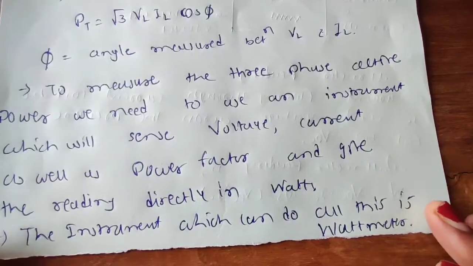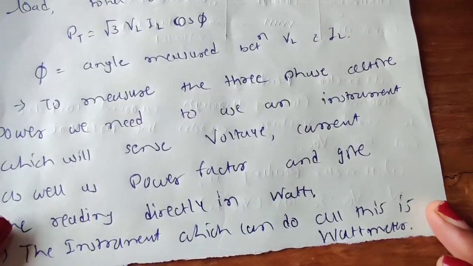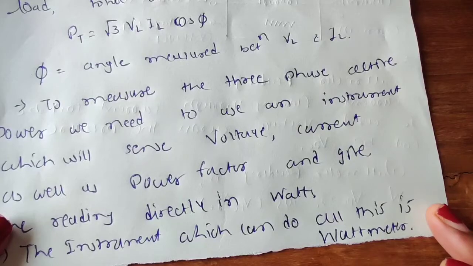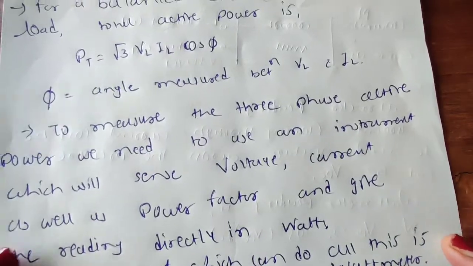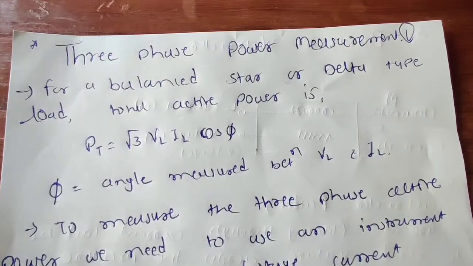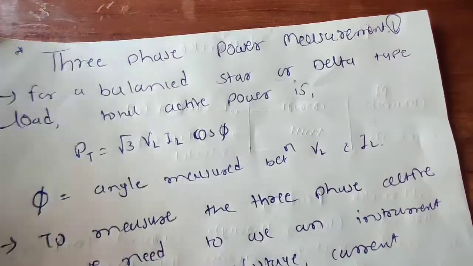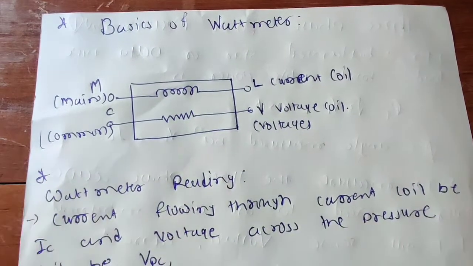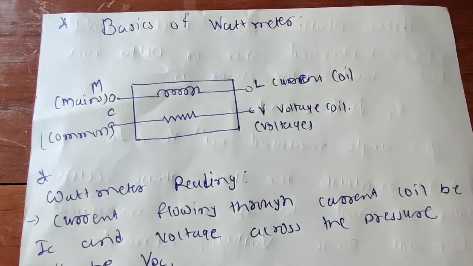You are well aware of what a wattmeter is. A wattmeter can measure voltage, current as well as power factor for a given three-phase circuit. So for three-phase power measurement, the major instrument one needs to use is a wattmeter. Now very quickly, the basics of the wattmeter.